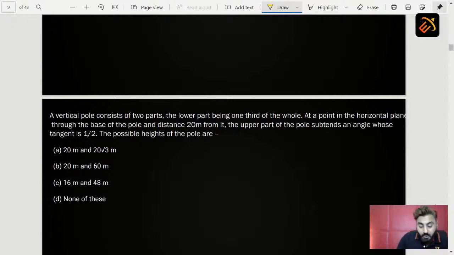At a point in the horizontal plane through the base of the pole and distance 20 meters from it, the upper part of the pole subtends an angle whose tangent is 1 by 2. The possible heights of the pole are what? Our options are option A: 20 meter and 20 meters, option B: 20 meter and 60 meter, option C: 16 meter and 48 meters, and option D: none of this.